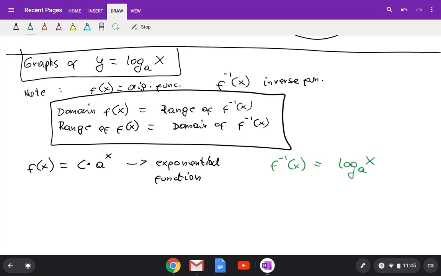So what that means is that the domain of the exponential function will be the same as the range of the inverse, which is the logarithmic function.